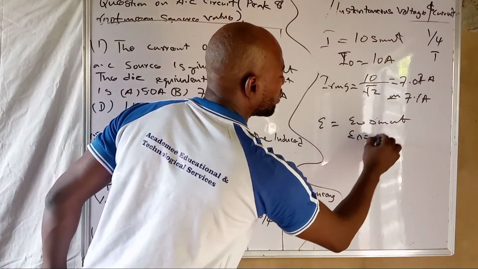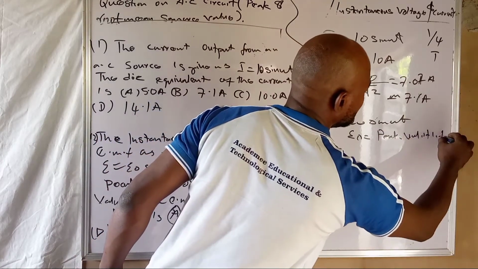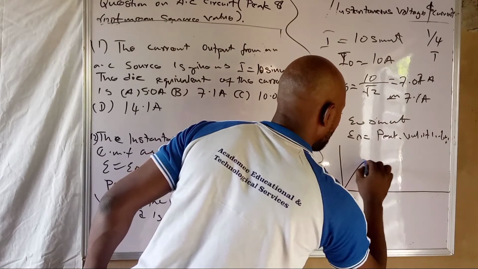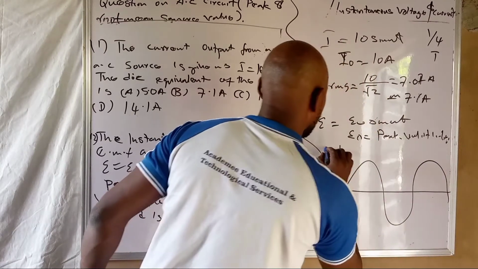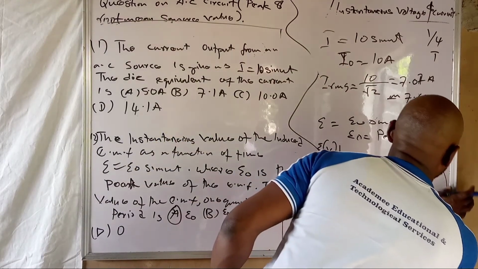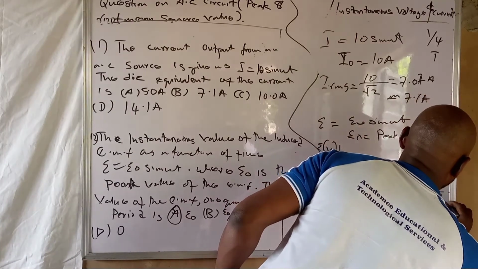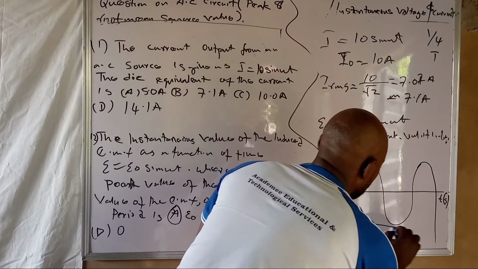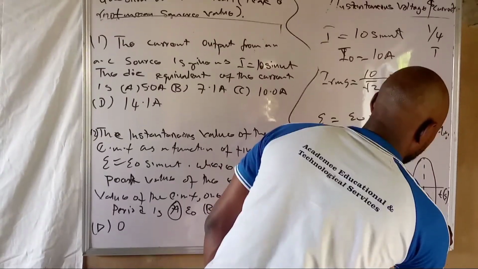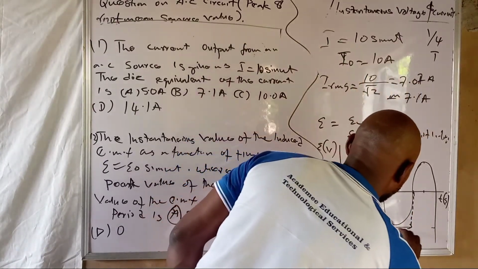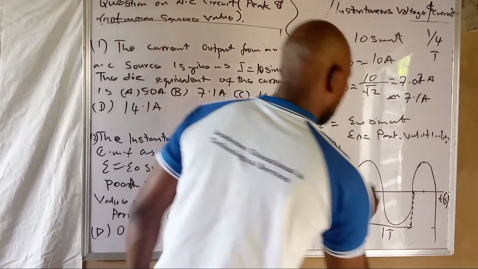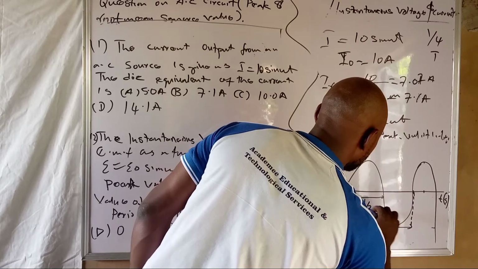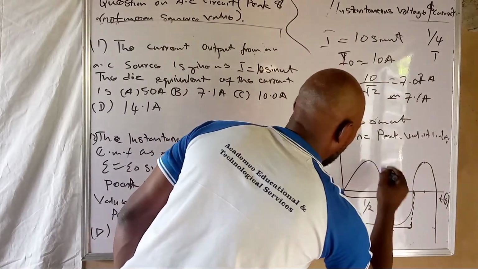Since E naught is equal to the peak value of voltage, from the graph above, with EMF in volts against T in seconds, for a complete cycle, which is one period, from this angle to this angle is our half period, 1 over 2. Then the question is quarter, half of 1 over 2.